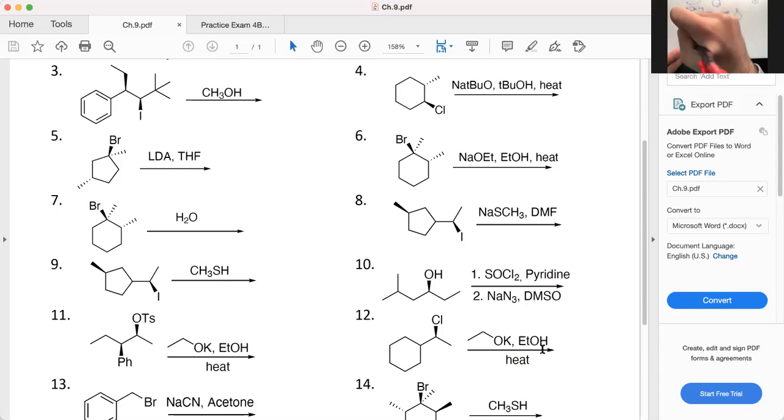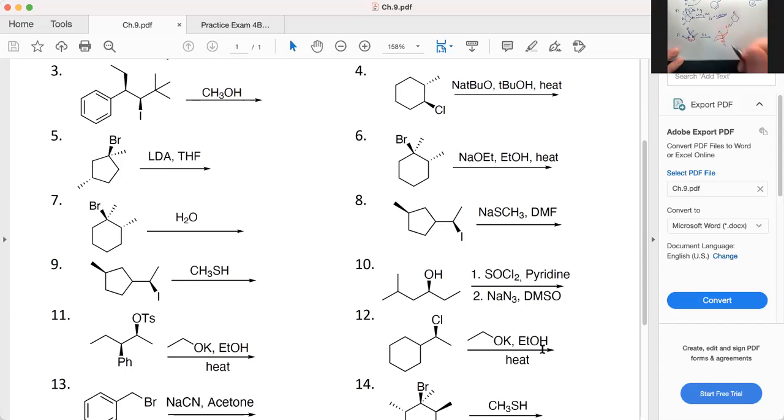And if you don't believe me, I'm going to just prove it to you with a chair conformer. Okay, so bromine is up on 1. So then 2, that means it's axial down. So that's the right configuration that we need for orbital overlap. So that's the situation that we have. And then let me just fill in 6. So 6, we're going to have methyl down, an equatorial proton.